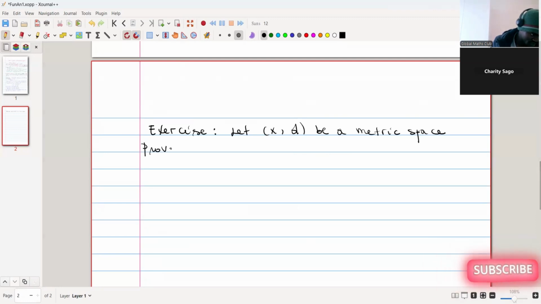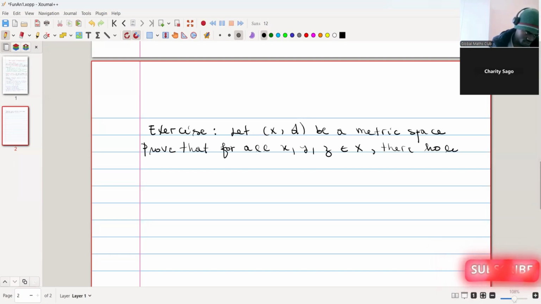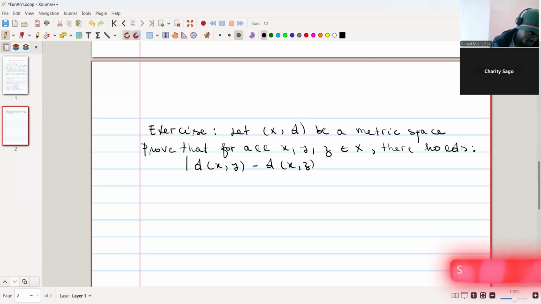Prove that for all x, y, z in X, the absolute value of the distance between x and y minus the distance between x and z is less than or equal to the distance between y and z.